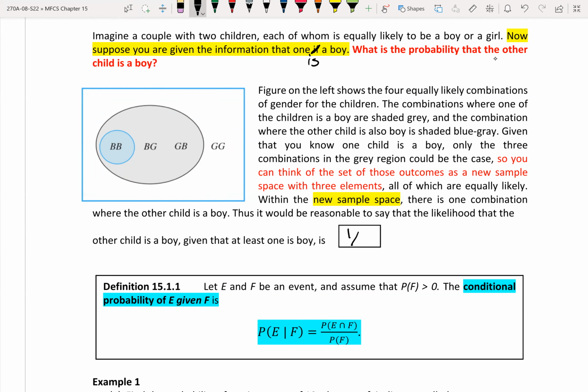So the total cases are 3 where one of them is a boy, but then you want both to be boys, so it's just boy-boy out of the 3 possible combinations, okay?